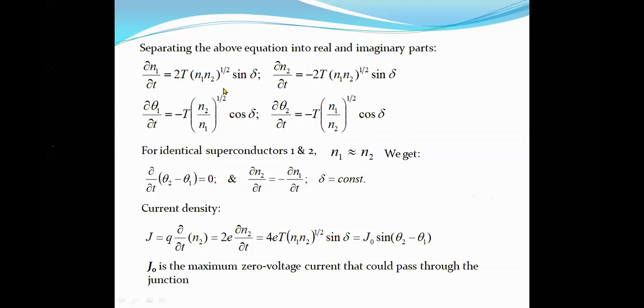This lower side is the separation of imaginary parts of the two equations, and this is the real part. Not something intricate, simple separation of the real and imaginary parts, and you can do that.